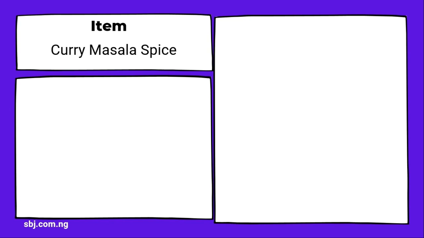For this, we're going to be looking at the curry masala spice. One of the spices that Lola makes is curry masala spice. She also makes jollof rice spice, fried rice spice, pepper soup spices, and all other ones. So we're going to be using this one as an example.